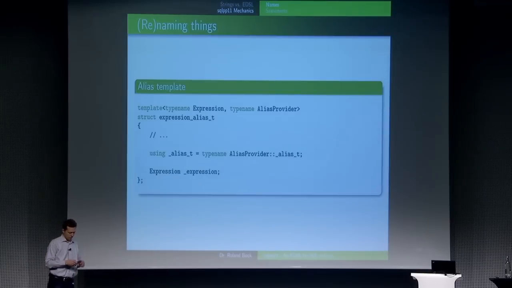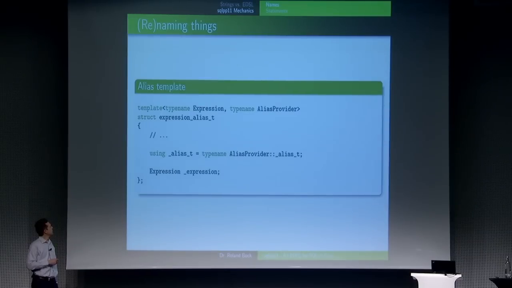And just to round the topic off, we've seen these calls to rename things. There are these with the function as something. The as something returns just a very, very simple template. It takes the expression that we want to rename as one argument and some alias provider which has such a name as arguments.